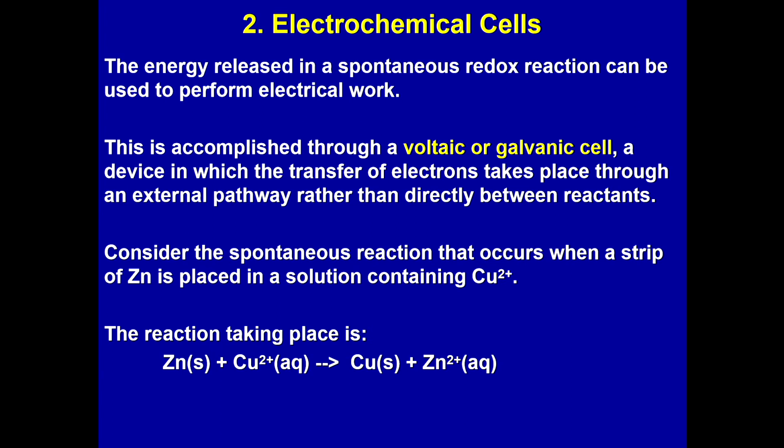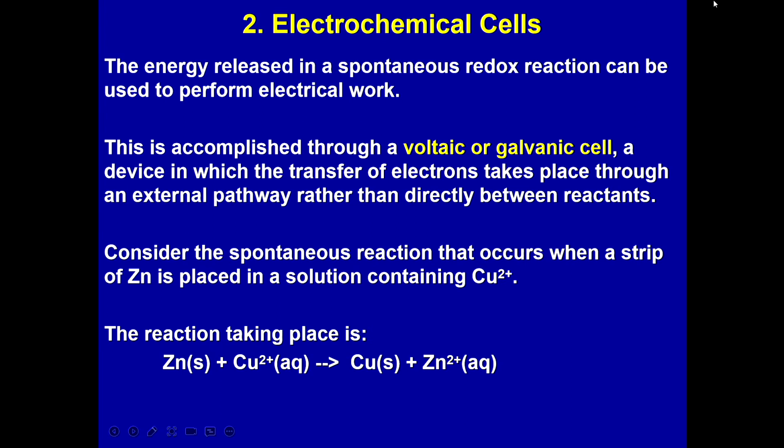Voltaic or galvanic cell. So this is a device in which the transfer of electrons takes place through an external pathway, rather than directly between the reactants. So basically, for ordinary reactions, the reaction happens directly between reactants. We just put the reactants together, mix them together, so they can react.